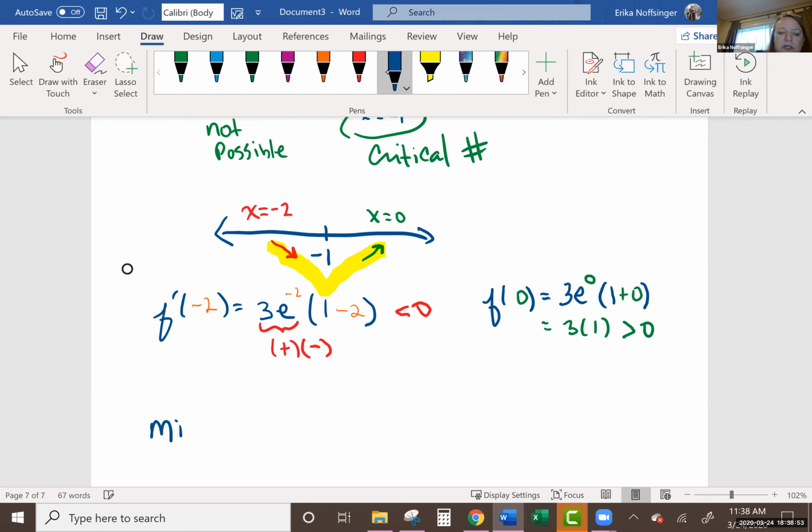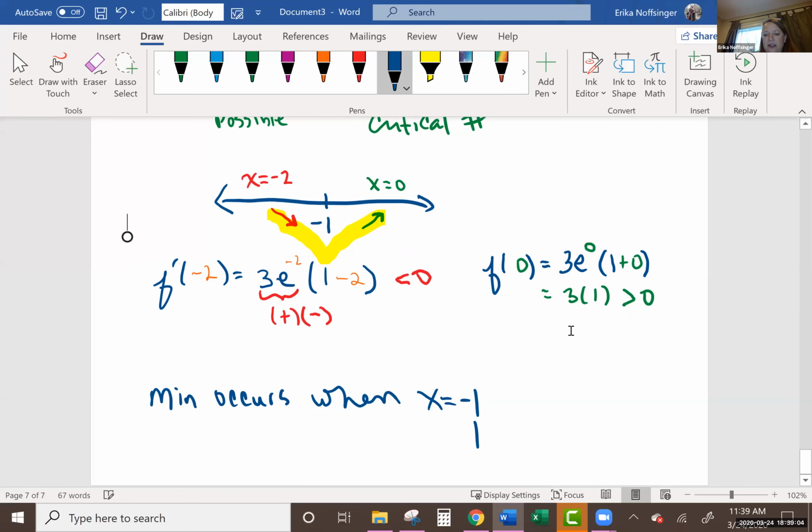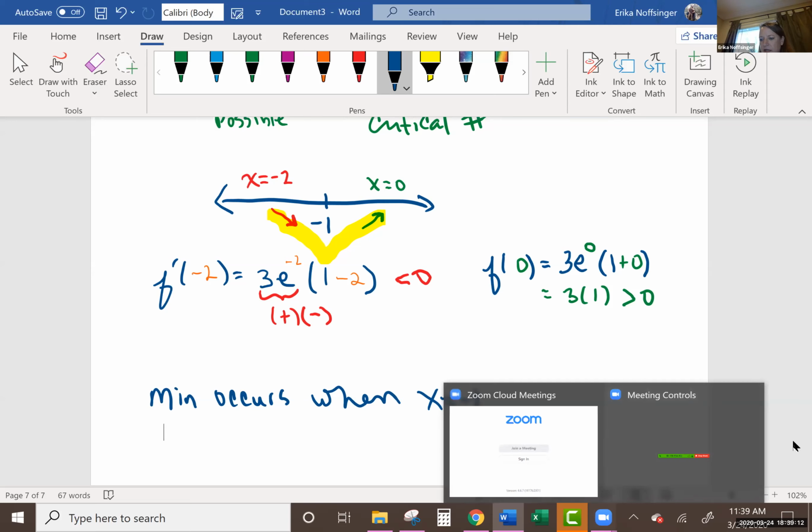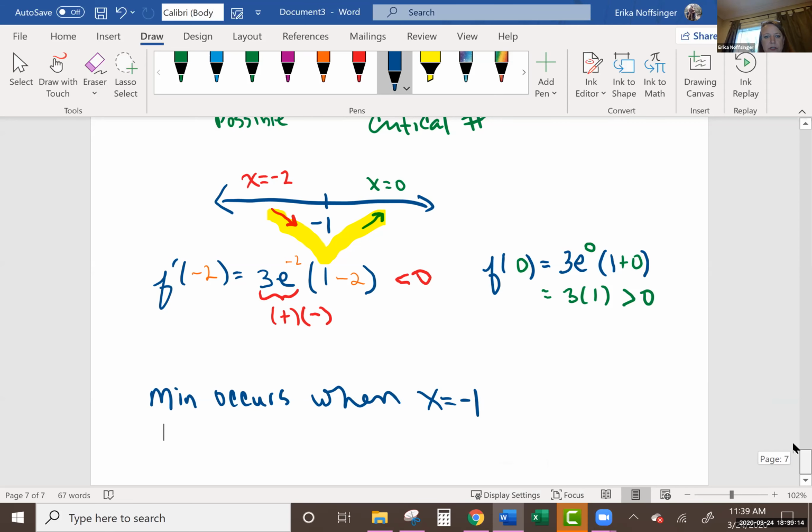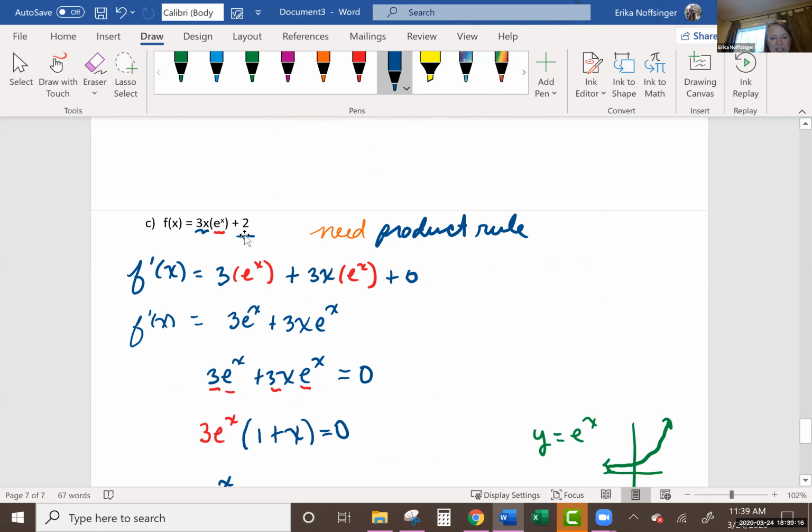So the min occurs when x equals -1. And we need to figure out what the y value is there. And so we need to plug that back into our original. Okay, so let me plug that back into the original. Let me grab the original again.